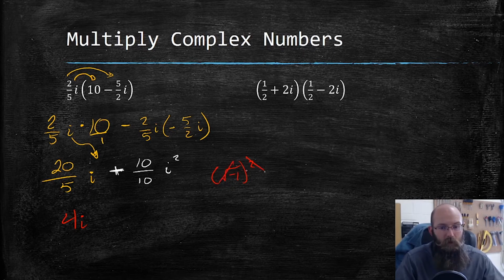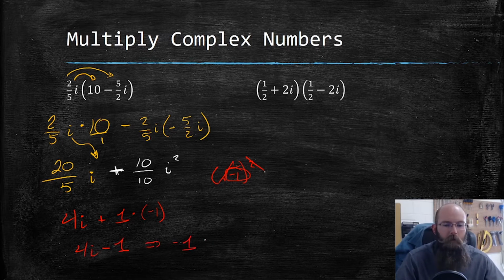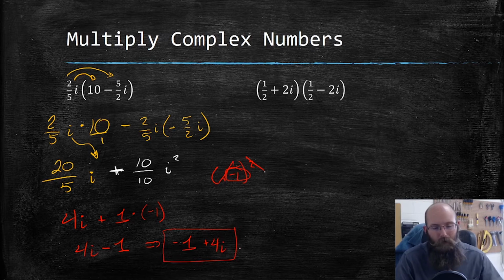So I end up with just a -1 for my i squared. I also wrote that in the beginning of the vocab, right? So that's actually plus 1 times -1. So that is 4i minus 1. And I can, of course, rewrite it because I'm weird like that, and I want to write -1 plus my 4i. I want to write the normal number first, and then the part with the imaginary after. I don't know why. I like it that way.